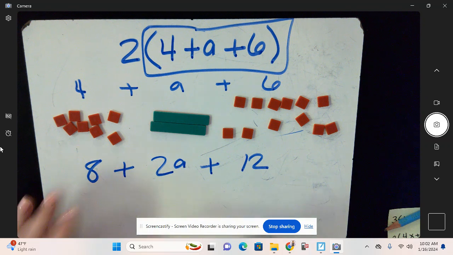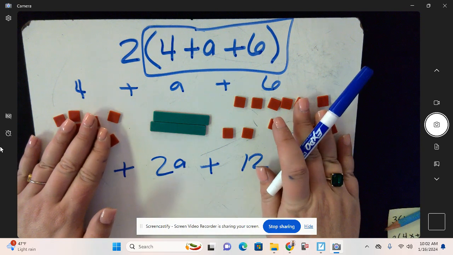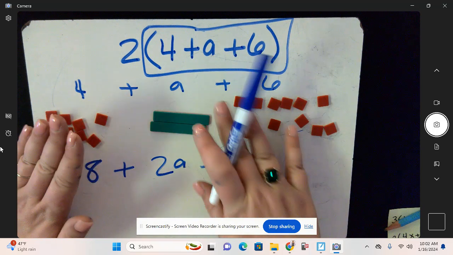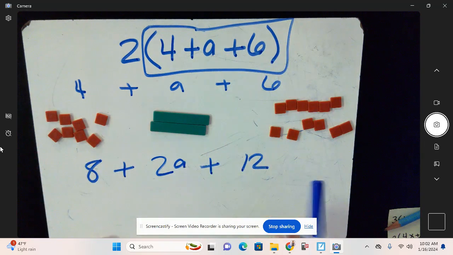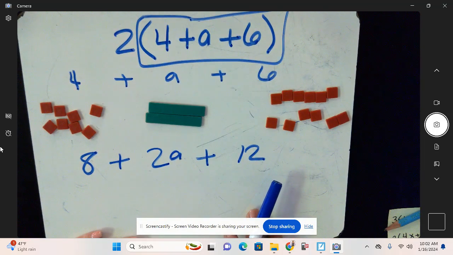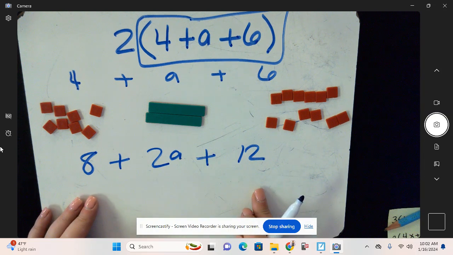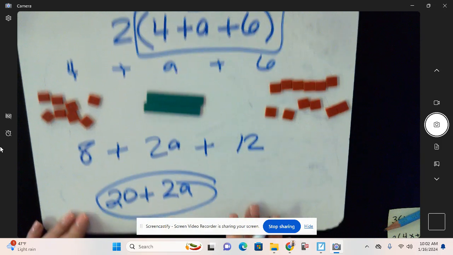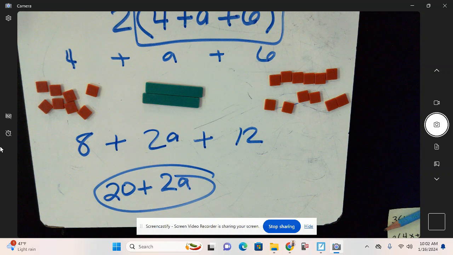So I've got 8 here and 12 here. So how many red things do I have? 20. 8 plus 12 is 20 plus 2A. That would be my answer.